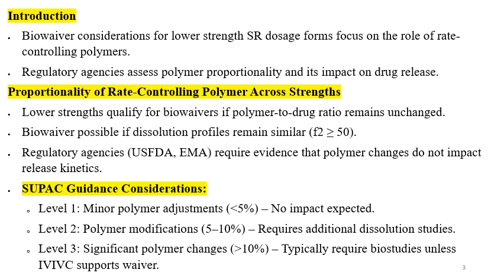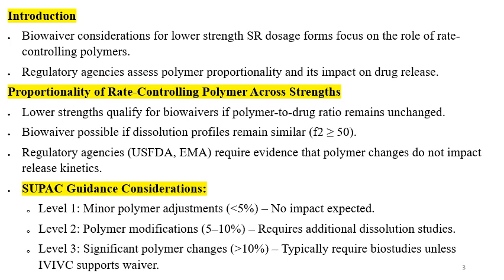What is the design of the formulation, whether the design is the same for all the strengths or it is somewhat different among the strengths. Also, we need to understand the qualitative and quantitative composition of the MR or SR formulation with different strengths. Proportionality of rate controlling polymer across strengths.